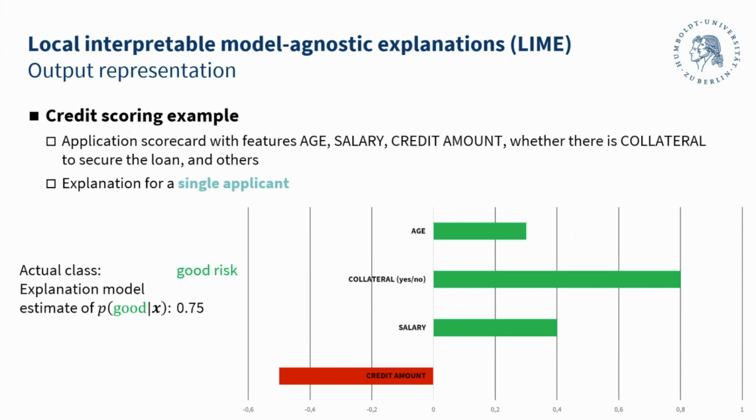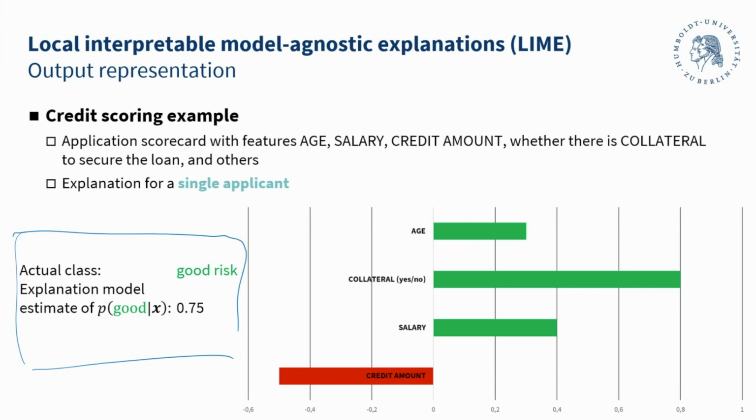First of all, note this part. That's also part of the output. We have a single credit applicant, a single case in general. And you know, my pet example is credit scoring. So we have a single credit applicant. We know for this applicant what feature values he or she had.